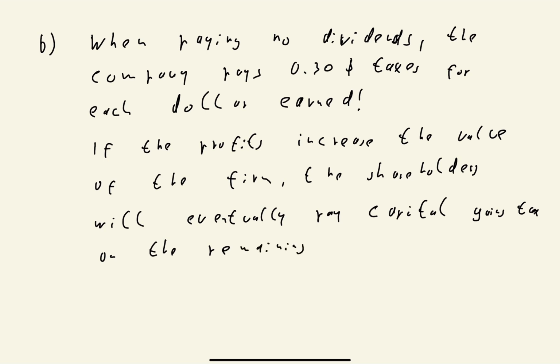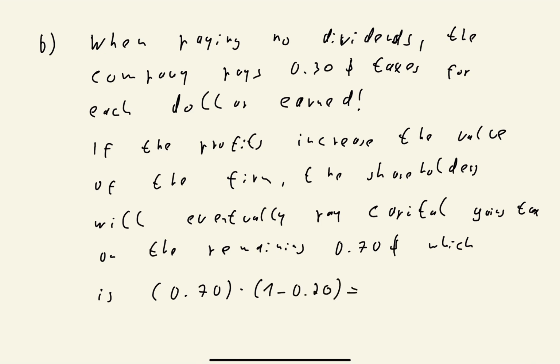So if we subtract the 30 cents of taxes that the company has to pay from $1 of profit, what's remaining is the 70 cents, which is what, to some extent, the shareholders will receive if they're selling the shares if the value of the company increased. So on the remaining 70 cents, what they pay is 0.7 times 1 minus 0.2.